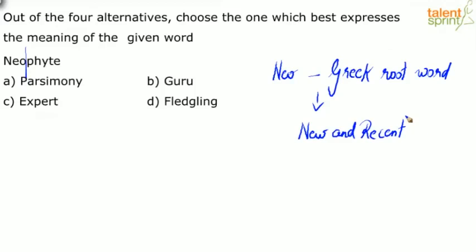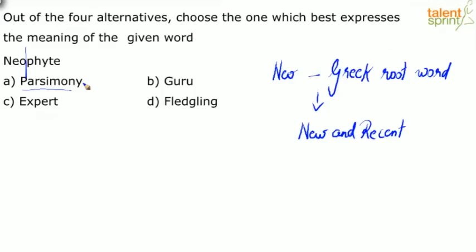Something very recent, something very young. Let's look at our options. Parsimony, guru, expert, fledgling. What do you think is the answer here? You may not know this word parsimony, so just for the benefit, parsimonious means somebody who is very stingy. And then I have guru and expert. Guru and expert are somebody who are very experienced people.